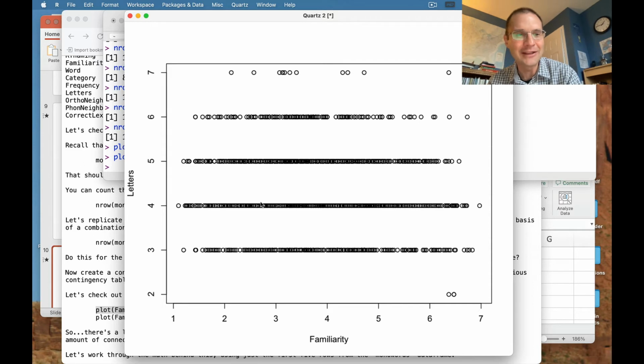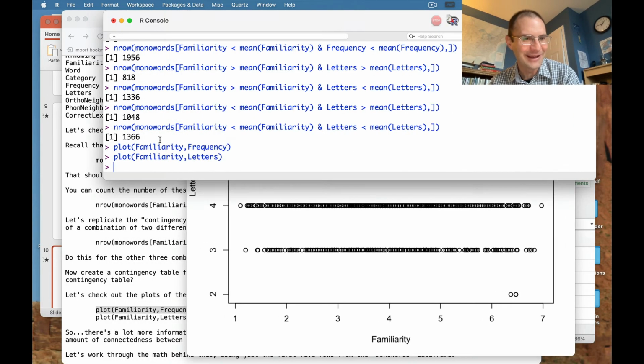So we get these lines where these are all the words with 3 letters, these are all the words with 4 letters. Anyways, what you don't see in any clear way is some sort of correlation between the two. And in fact, it's not even easy to interpret what's going on here altogether. Should probably find out what these two-letter words are. But I don't have time.